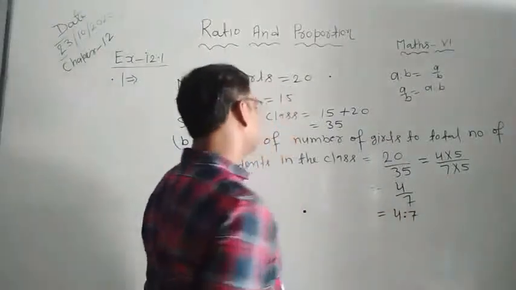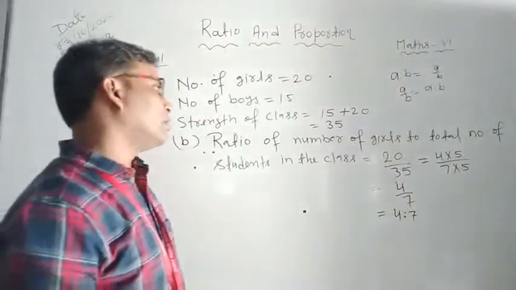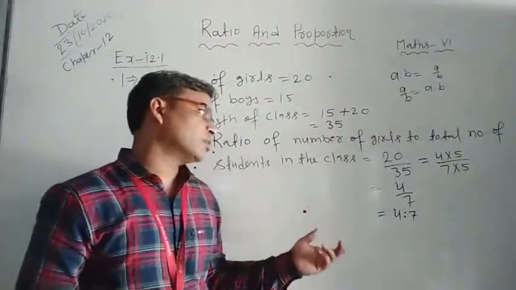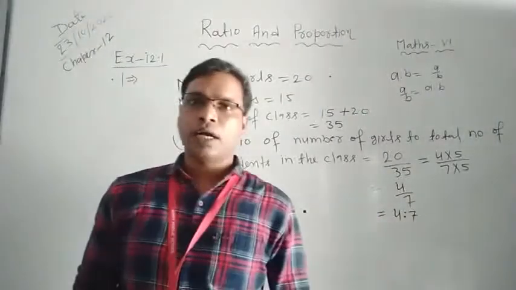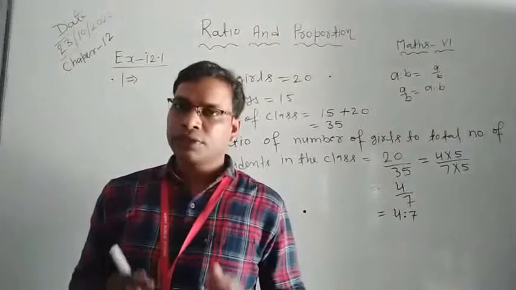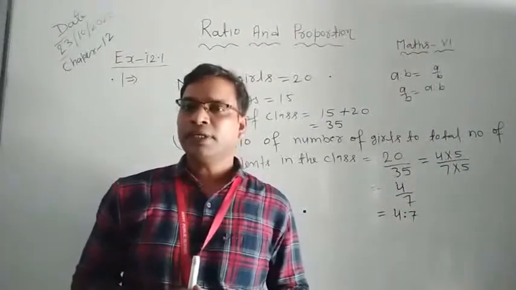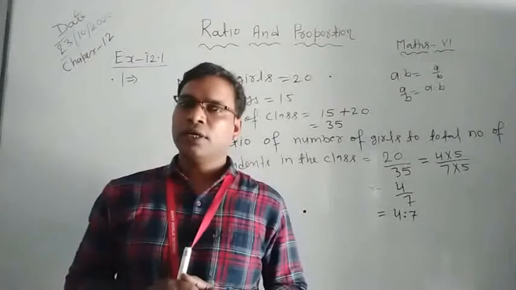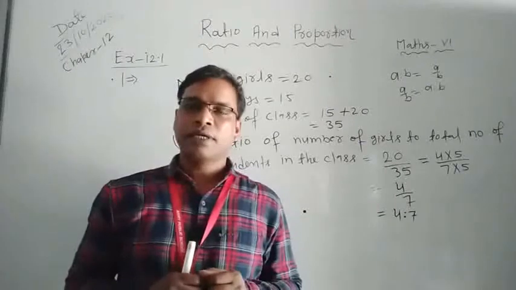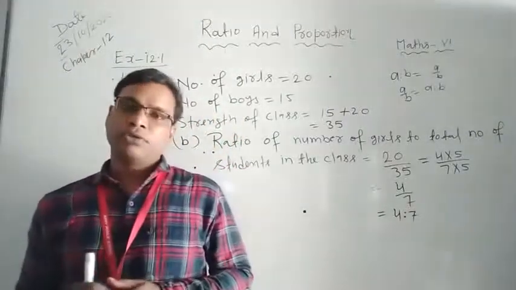This is the required ratio of the number of girls to the total number of students in the class, which is equal to 4:7. So students, I hope all of you understood this question. In this question, it is given that the number of boys is 15 and the number of girls is 20. So we can find the total strength of the class: 20 plus 15 is equal to 35.